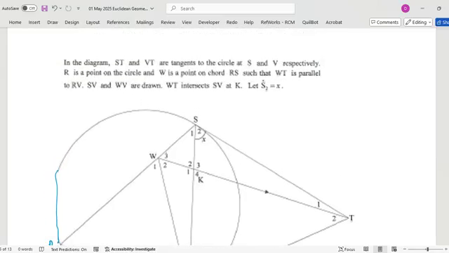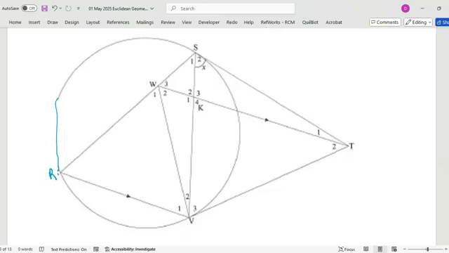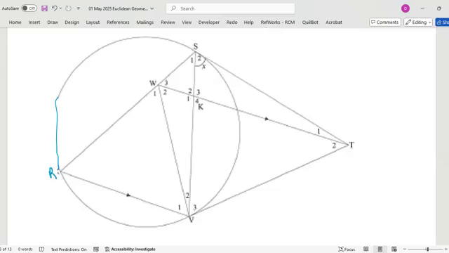SV and WV are drawn, and then WT intersects SV at K, and they say let S2 be equals to X, and luckily they've written that for us. S2 is equals to X. Before we answer the questions, in the meantime, do we have any other angle that might be equal to X?